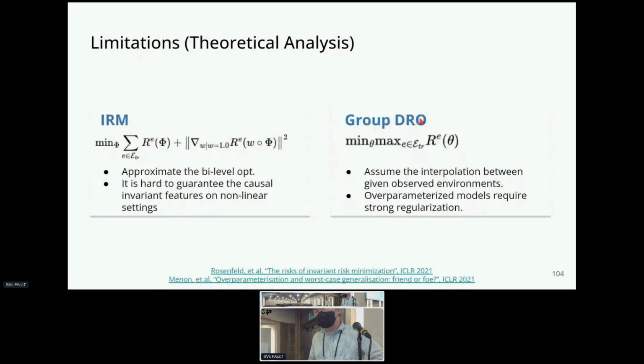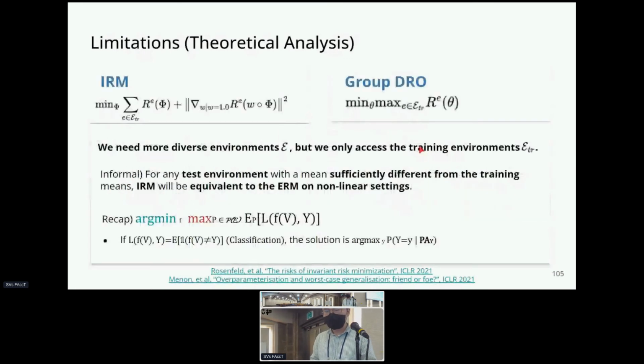Group DRO only considers the training environments and their interpolation. Besides, IRM and group DRO only have access to the training environments. Therefore, when we encounter a test environment that is sufficiently different from the training environments, we cannot guarantee anything anymore.